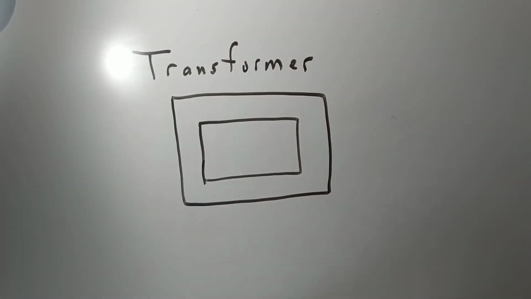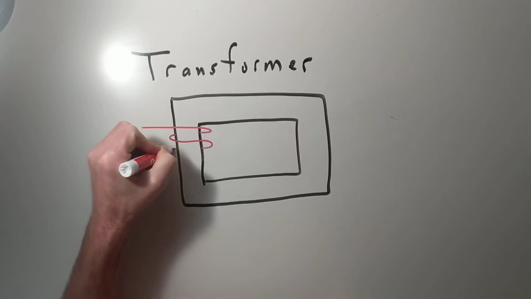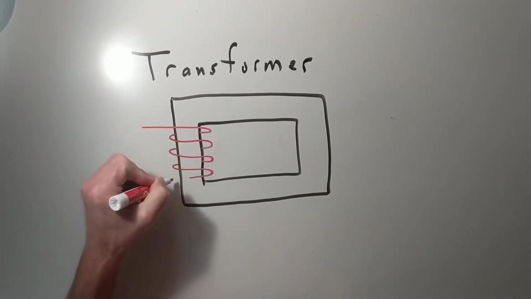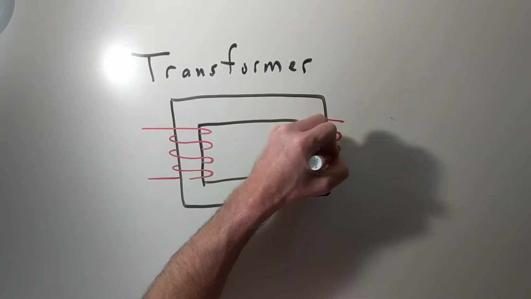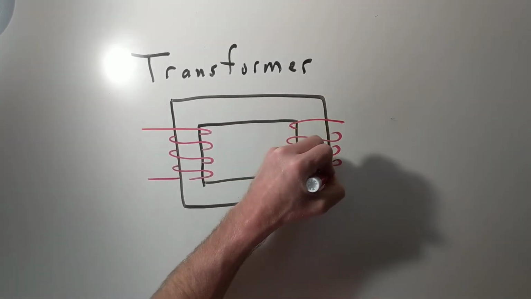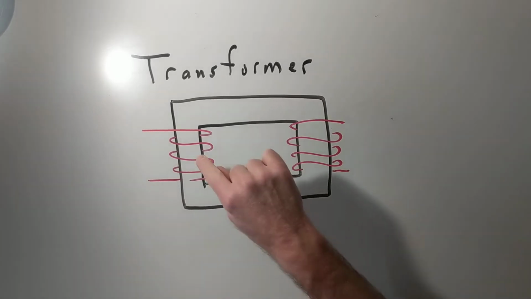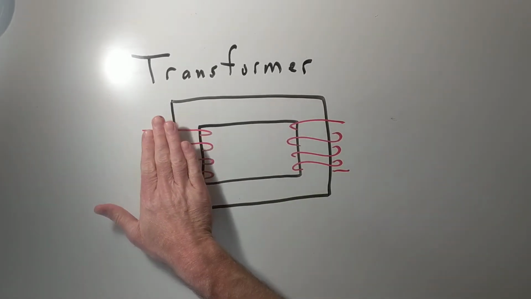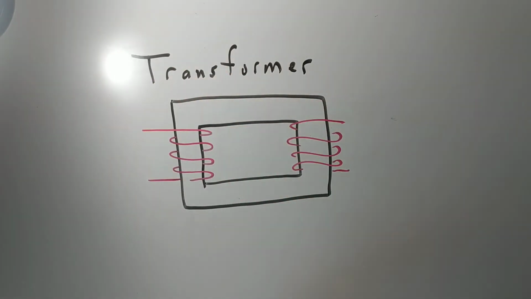And then wrapped around the iron are going to be coils of wire. And we'll have them wrapped around the other side too. Now, what's happening inside here is mutual inductance. We would say that this is the primary coil and this is the secondary coil. This is where we put the input, this is where we put the output.